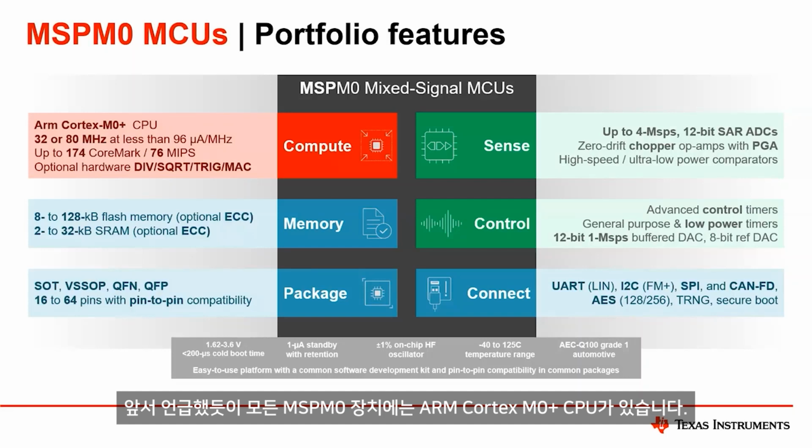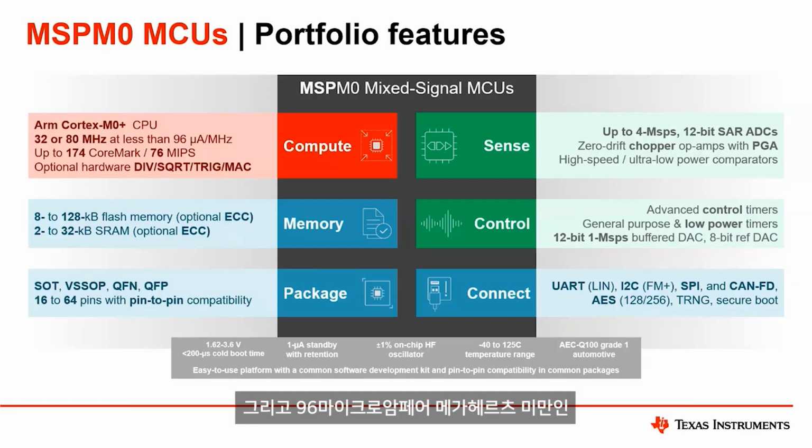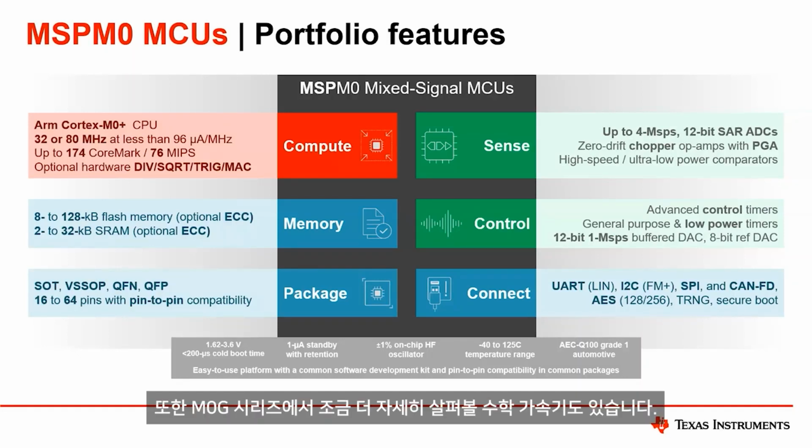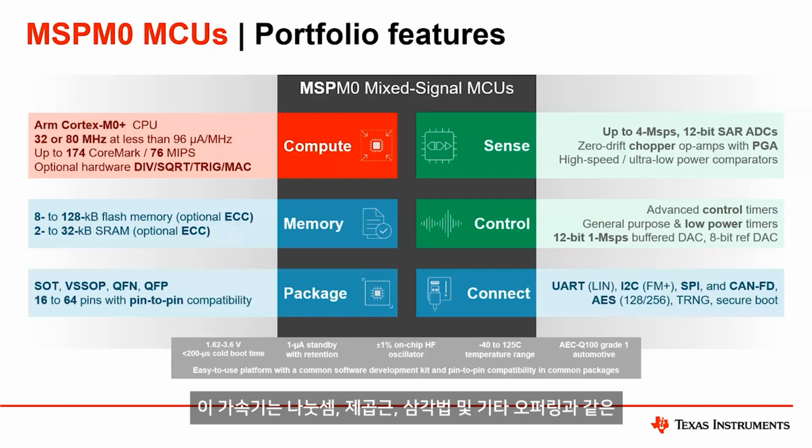As mentioned, all of our MSP-M0 devices have this ARM Cortex-M0 Plus CPU, with available speeds from 32 to 80 megahertz at less than 96 microamps per megahertz. We also have a math accelerator, which I'll dive into a little deeper in our M0G series, which can give you optional math operations such as division, square root, trigonometry, and other operands.